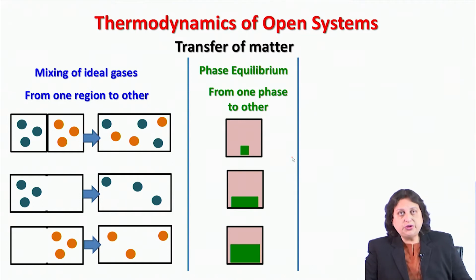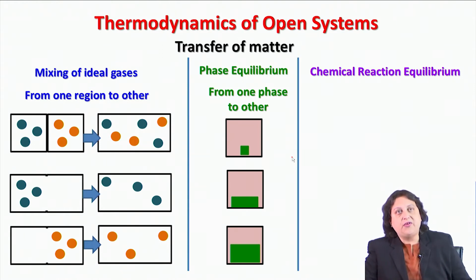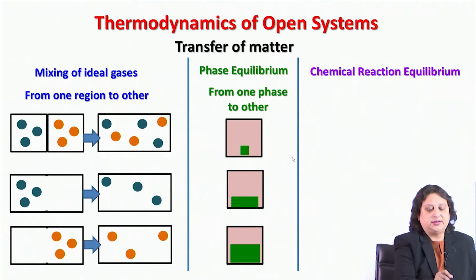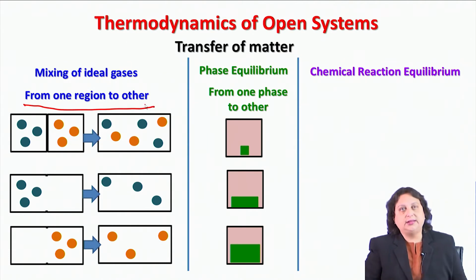I'm going to put chemical reaction equilibrium in the same generalized picture as mixing of ideal gases and phase equilibrium. Now let me remind you that when I had mixing of a set of non-reactive ideal gases, then we talked about transfer of matter from one region of the system to the other.